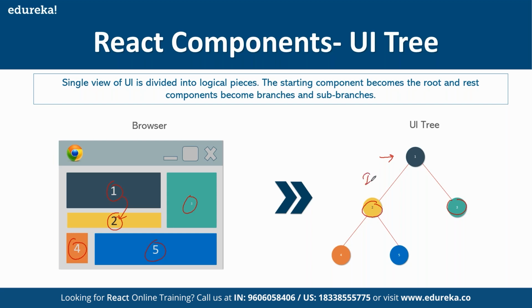It's an integration, not a clubbing. 1 is integrated to 2 and 3, and 2 is integrated to 4 and 5. Meaning the binding happens. So any changes, if you want to add some data here and pull it in, you can pull it in here and work with it.